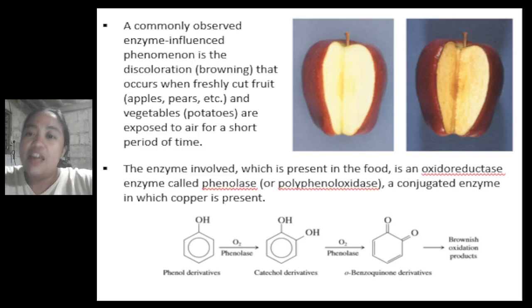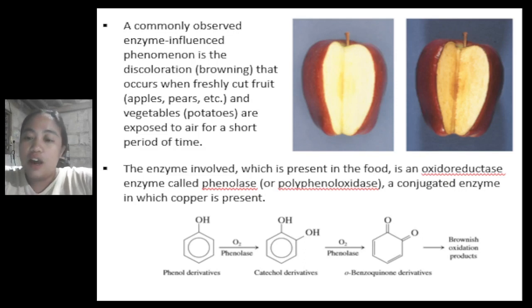That is why ma-oxidize ang ato nga mga fruits like apple, pear, potatoes. That is because of this conjugated enzyme called phenolase. So we can prevent or slow this browning in several ways, like immersing our food or our fruits sa bugnaw nga tubig.